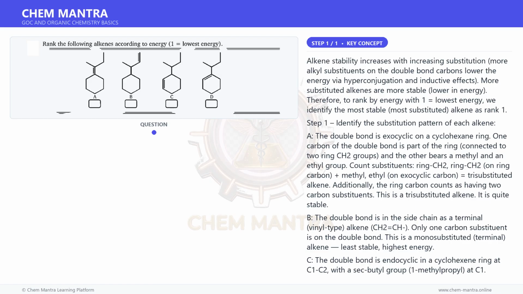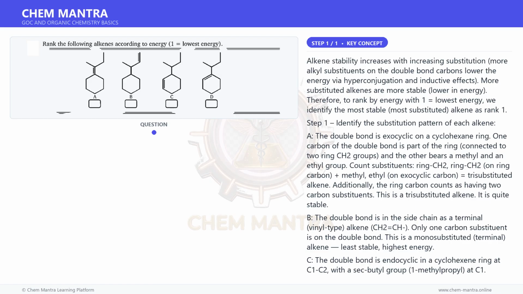A equals 1, most stable, trisubstituted exocyclic, lowest energy. D equals 2, disubstituted endocyclic, second most stable. C equals 3, trisubstituted endocyclic, but with more steric strain or actually counted as disubstituted differently. B equals 4, monosubstituted terminal, least stable, highest energy.